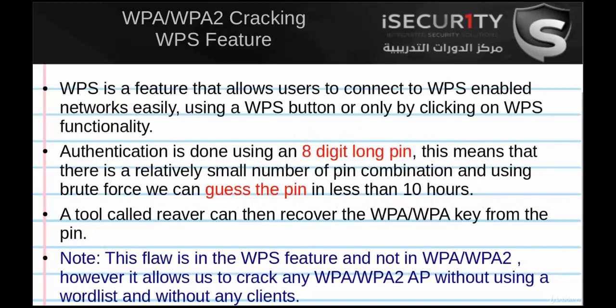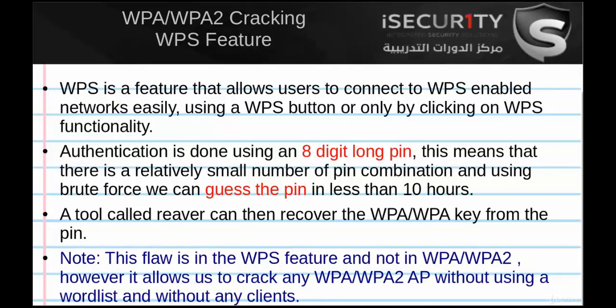So cracking WPA or WPA2 encrypted networks is not simple, especially since all the packets that are sent into the air are not useful for us, as they do not contain any information that can help us determine the WPA key. Before we get into cracking WPA and WPA2, there is a feature called WPS. It allows users and clients to connect to the network by a push of a button.